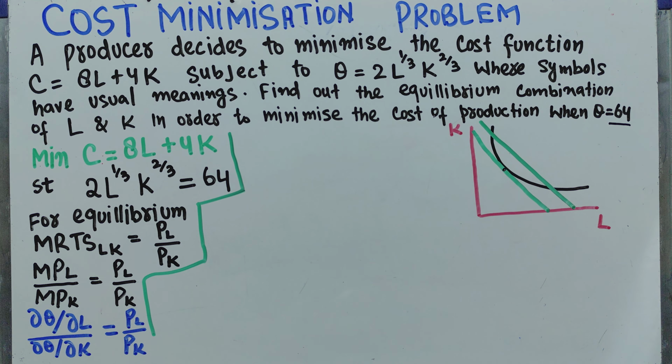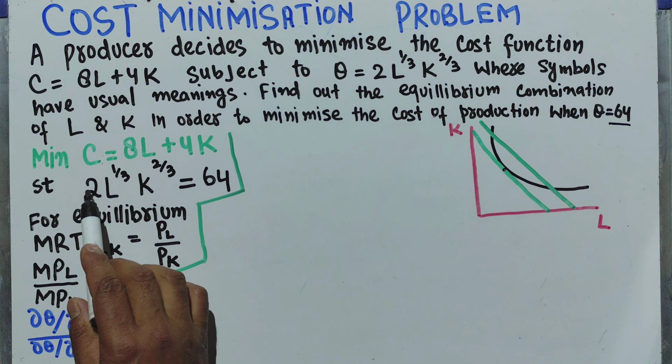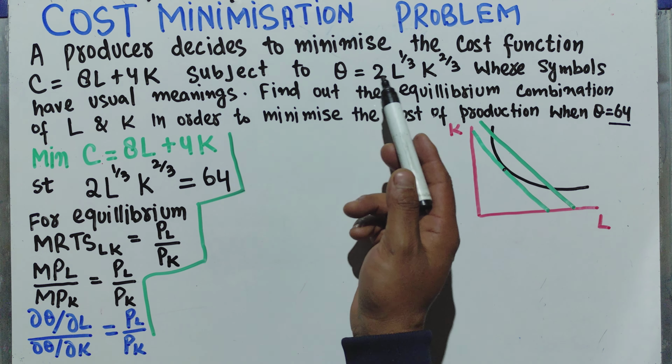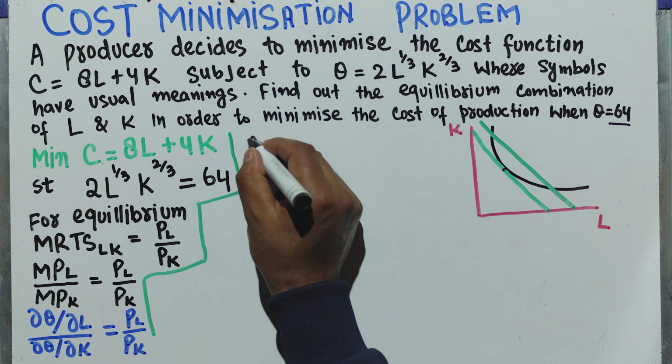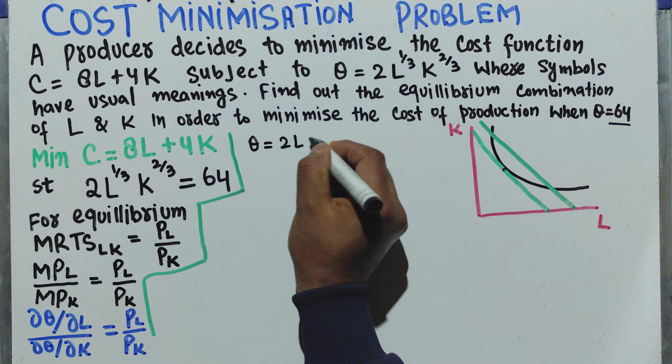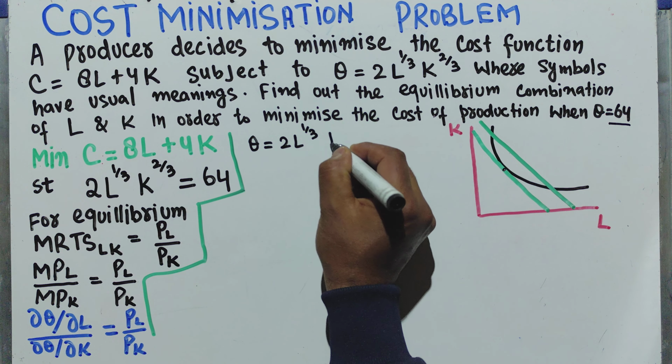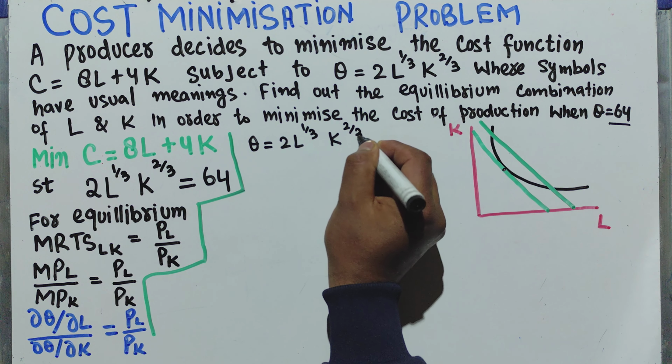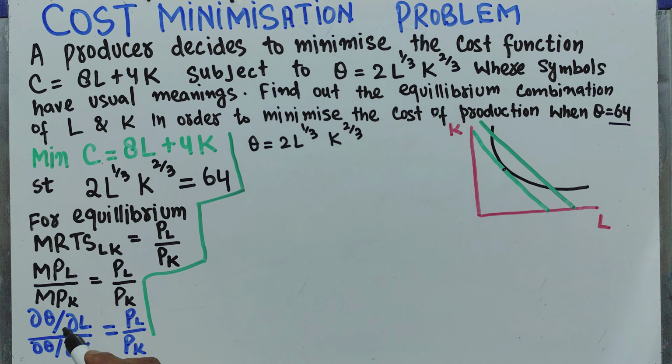Now we need to calculate the partial derivative of the production function with respect to labor. We have the given production function Q = 2L^(1/3) K^(2/3). We need to partially differentiate it with respect to L first.